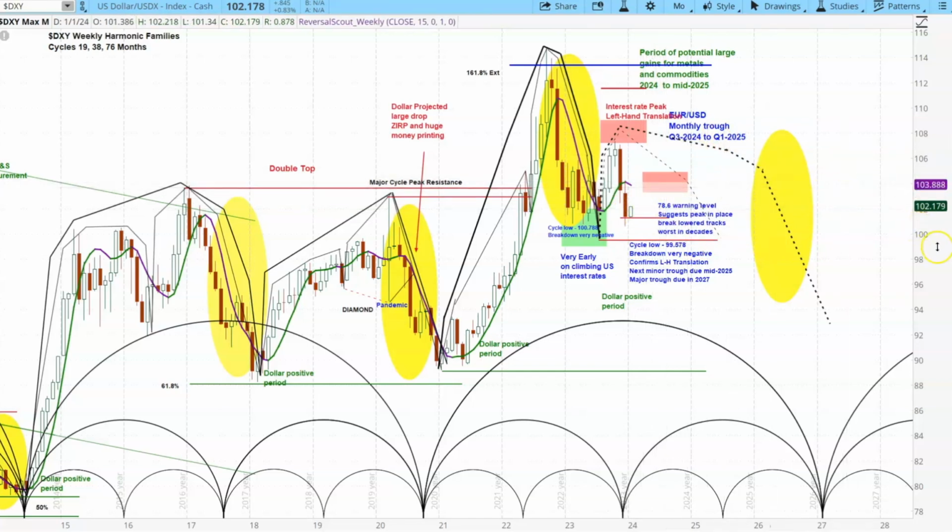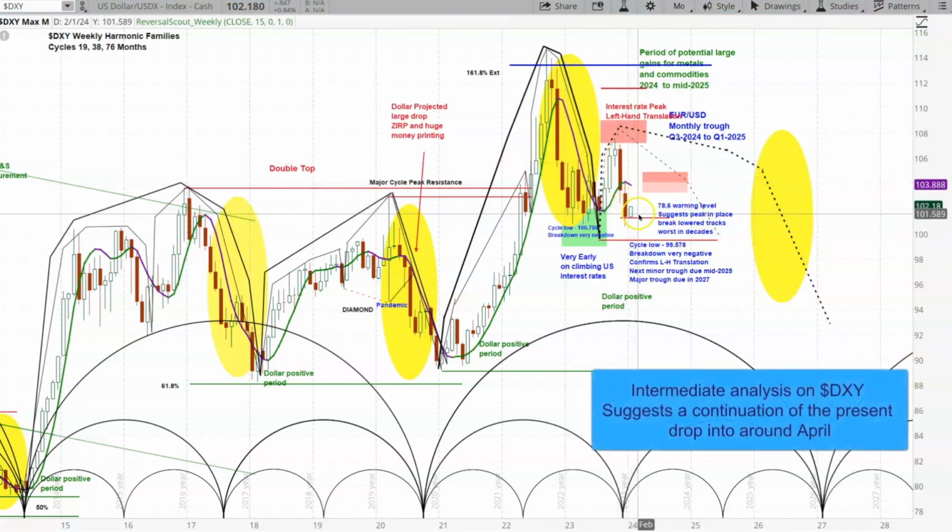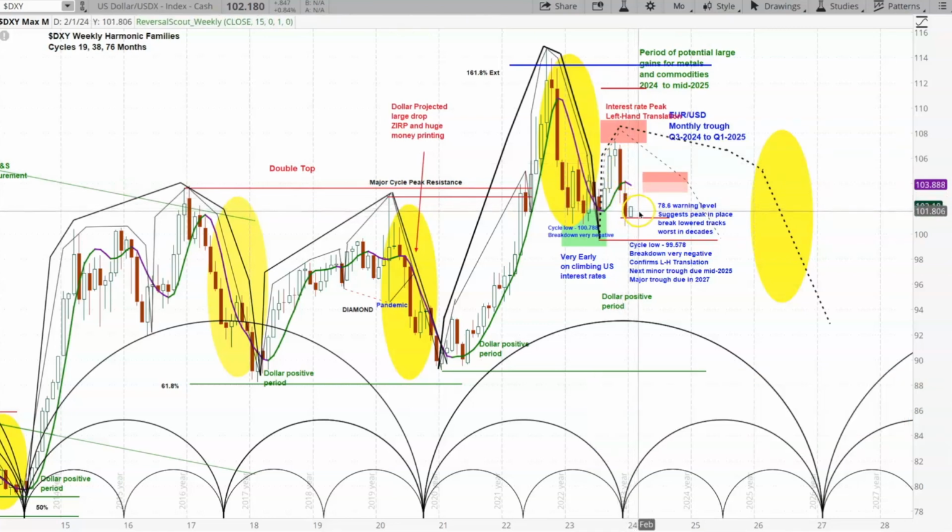However, there's a however. When I look at the intermediate cycles on the weekly chart, they are pointing to a trough or a decline, this decline that it's in right now, to continue out into April. So we're looking for a further decline out over here, get below this low here at 100.6, and then make a bottom in here at some point in April, and then get an upside move into this resistance area.